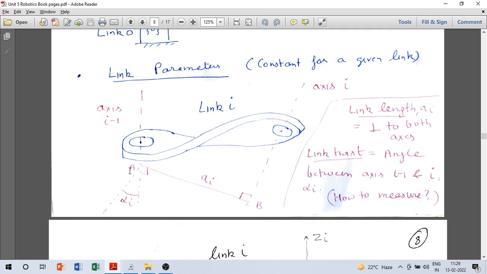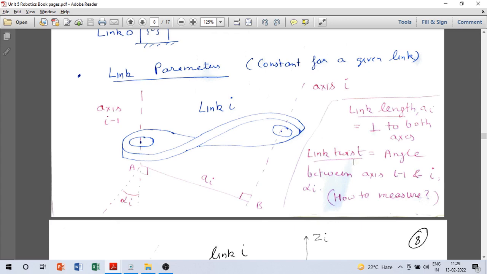Here you see that the common perpendicular is this AB, and its length a_i will be called the link length. Even though the link moves, this is not going to change because the relative orientation and position of axis i minus 1 and axis i will not change. So it remains fixed. That is link length.